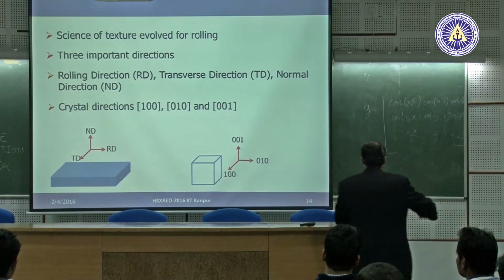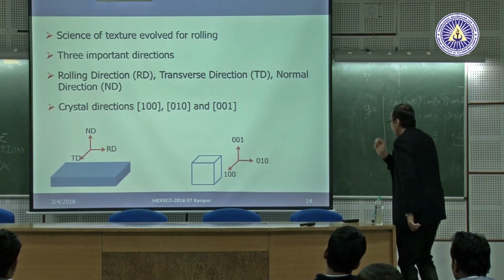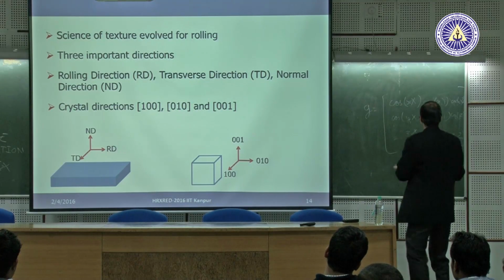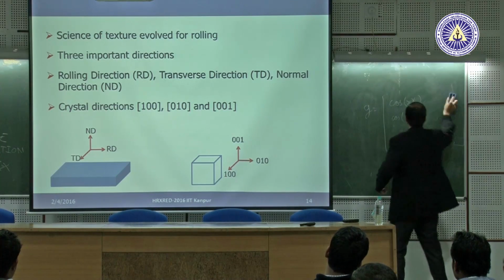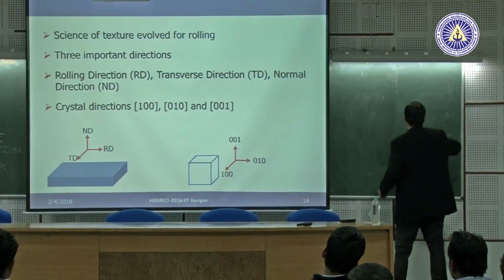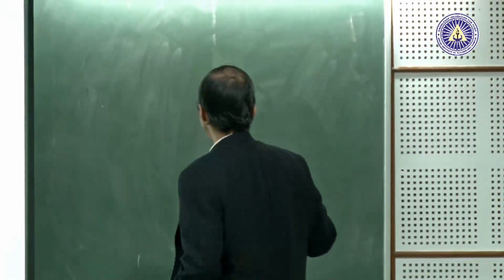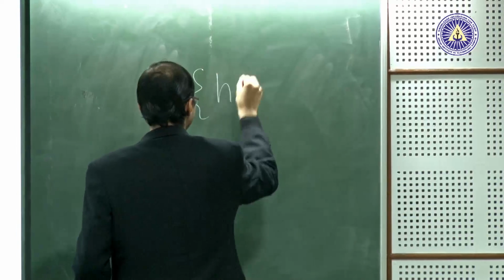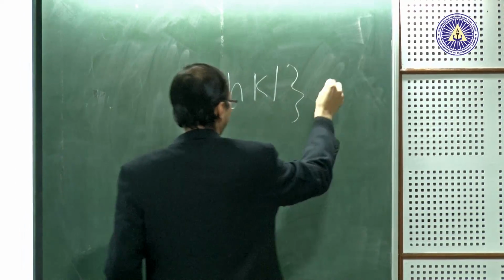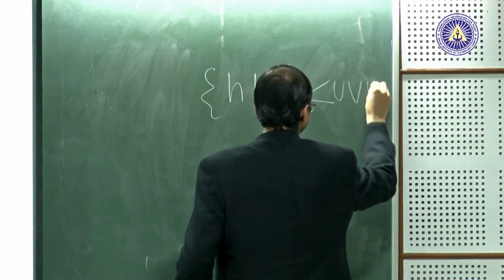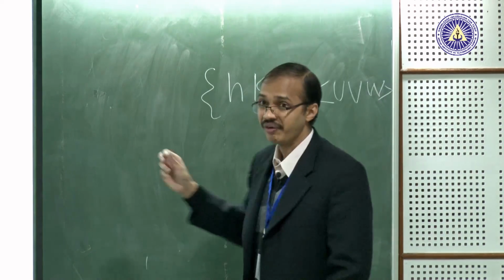So I had written HKL UVW. And remember the way I wrote HKL UVW as an orientation, I used this bracket. Why did I use this bracket? Yeah, family.